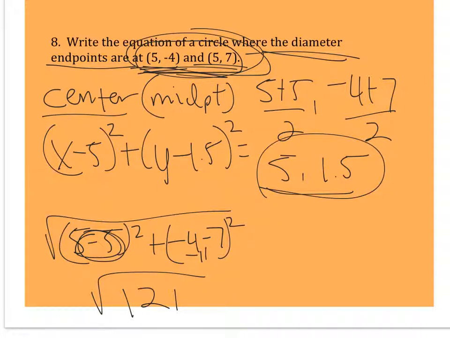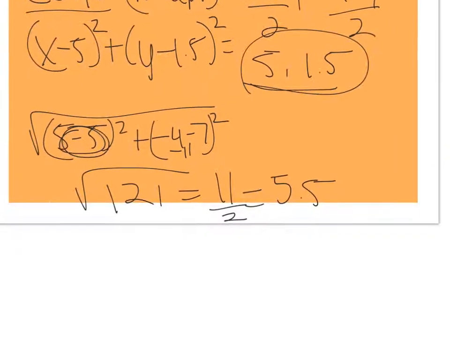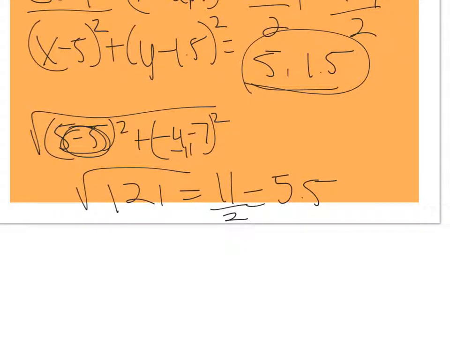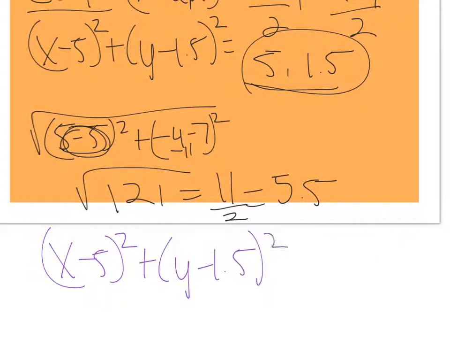Squared is 121. So that's going to be 11 divided by 2. So my distance is going to be 5.5. So 5.5 squared is 30.25. So the final equation here: (x minus 5) squared plus (y minus 1.5) squared equals 30.25.